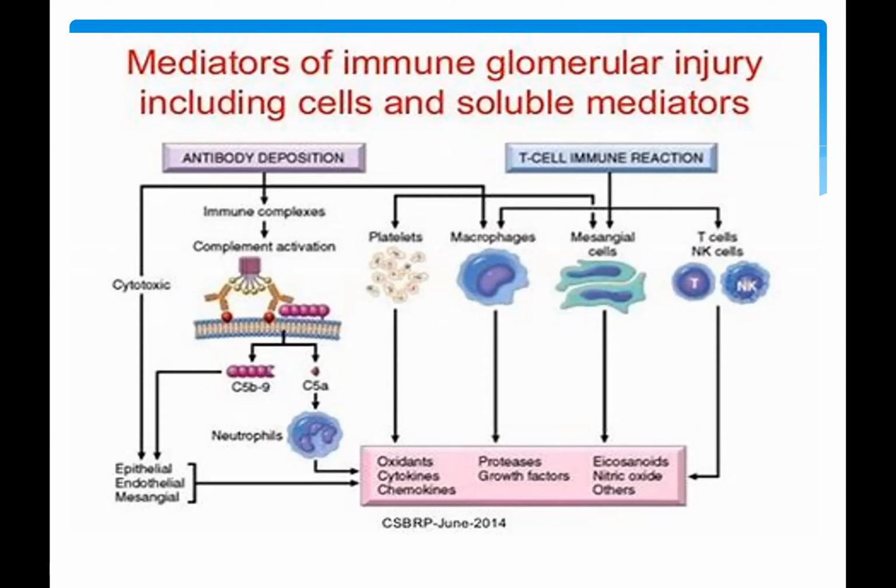Growth factors, particularly PDGF, which is involved in mesangial cell proliferation, transforming growth factor beta, connective tissue growth factor, and fibroblast growth factors are all seemingly critical in the ECM deposition and hyalinization.